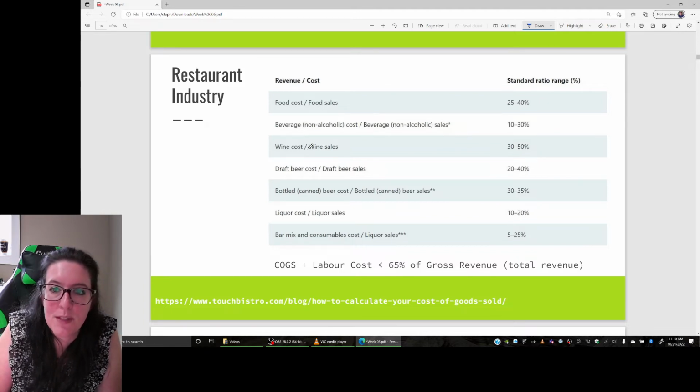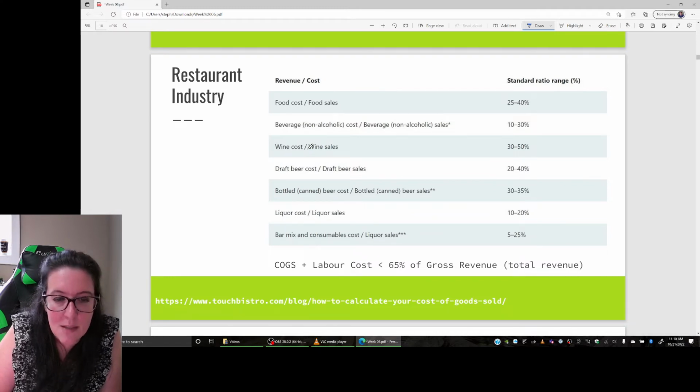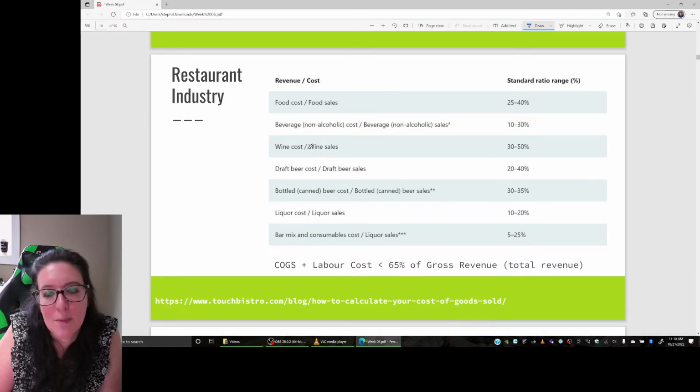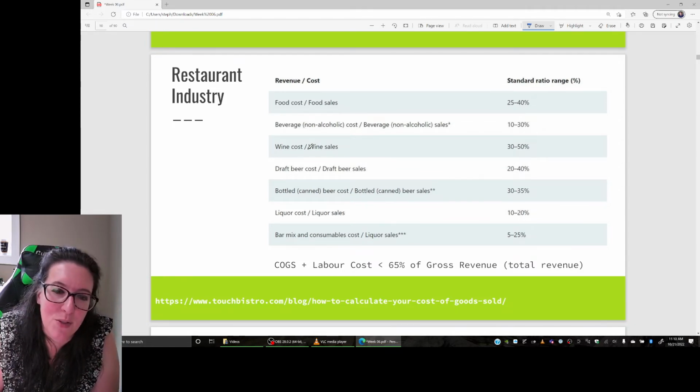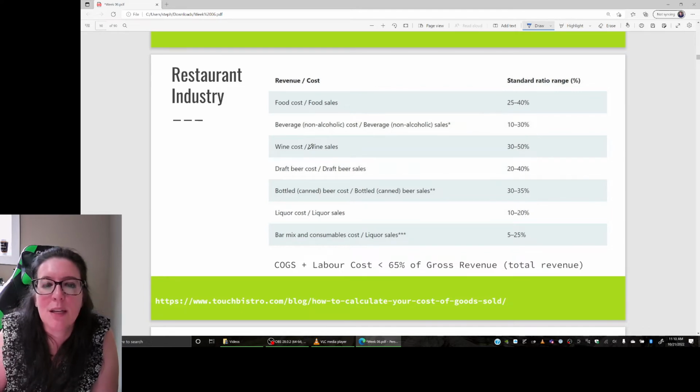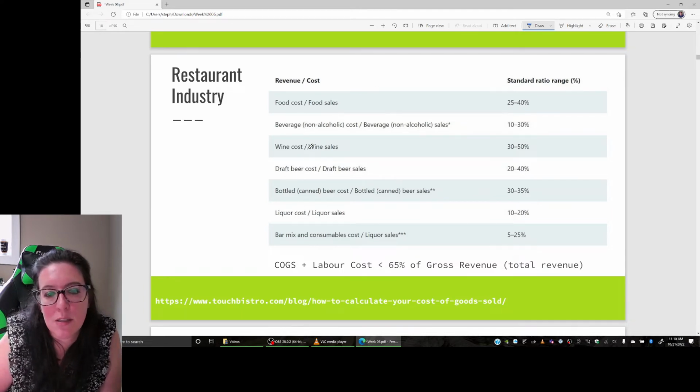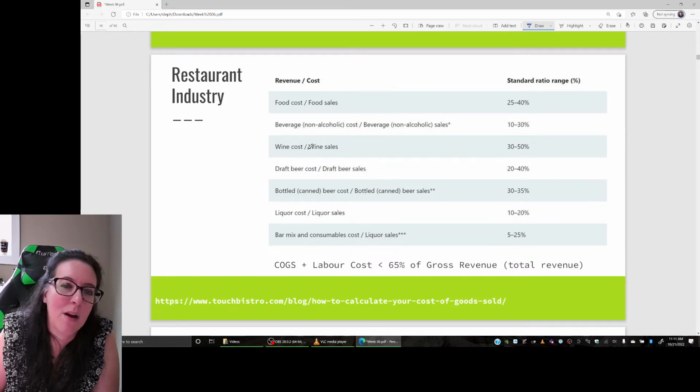If you sell wine, 30 to 50% of wine cost comes from sales. We lose 30 to 50% to the cost of wine for every sale of wine. So you can compare to benchmarks to see how your organization is doing compared to the cost as a percentage of sales in the industry itself.